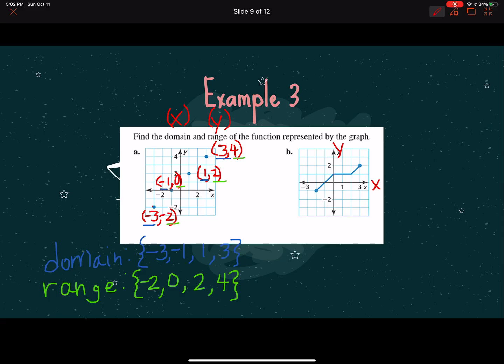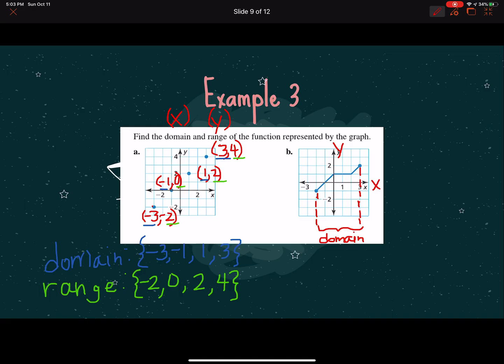So if we are looking at our domain values on the x-axis, we are kind of limited to where our x focuses on. So if I were to list my x values, they would only extend from the furthest point on the left of the graph to the furthest point on the right. Sorry, from left to right.